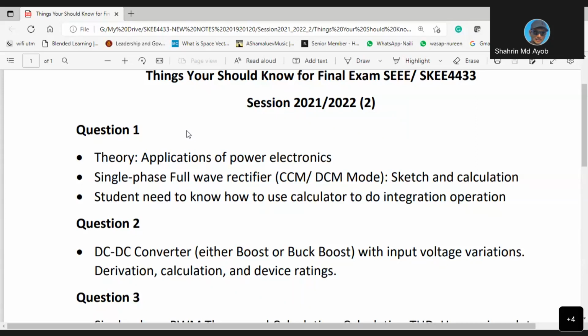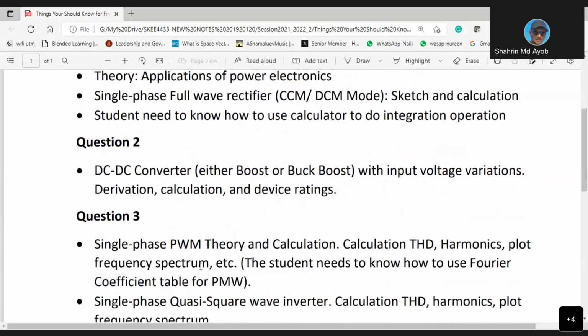Question number 2 is more related to design question, which is somehow something like the assignment 2 lah. So we have input voltage variations.